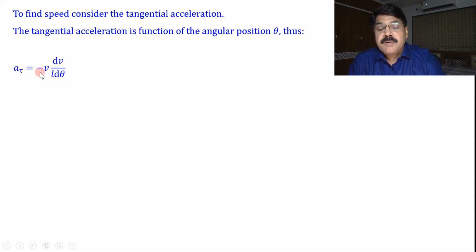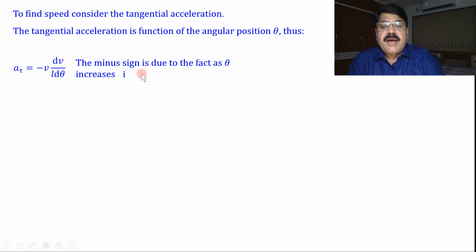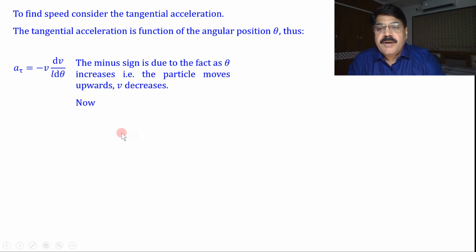Why minus? Because a_tau is opposite to velocity here. The minus sign is due to the fact that as theta increases, that is, as the particle moves upwards, v decreases. So from equation 2 we get v dv by l d theta equals minus g sin theta. We have shifted the minus sign from here to that side.